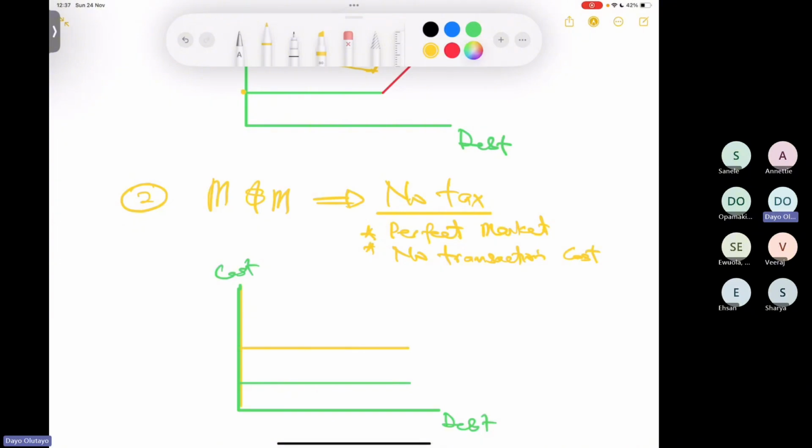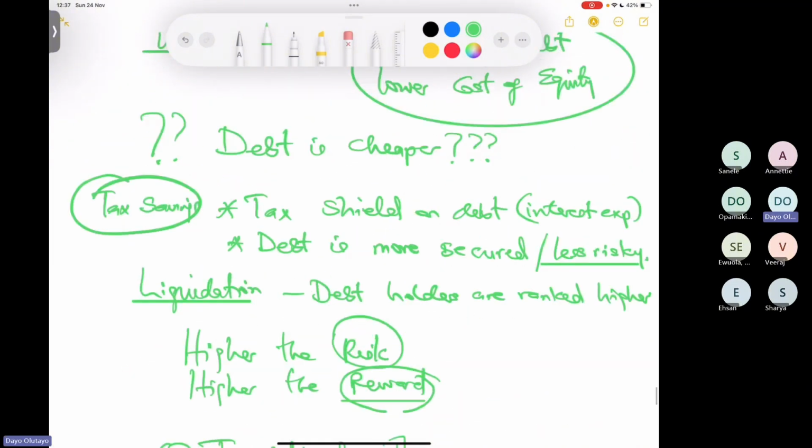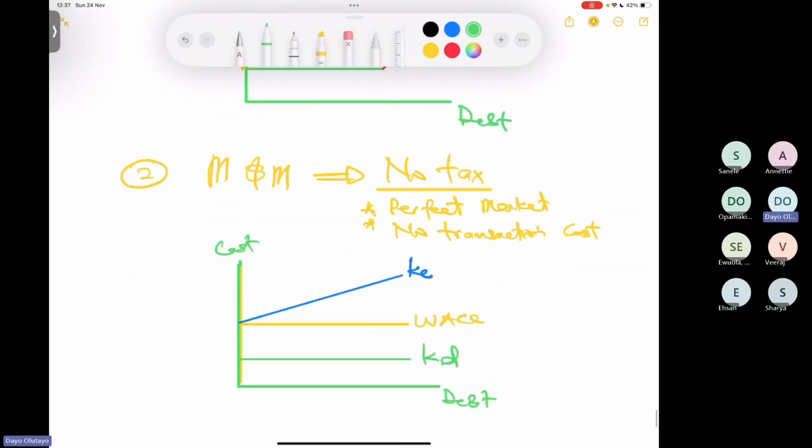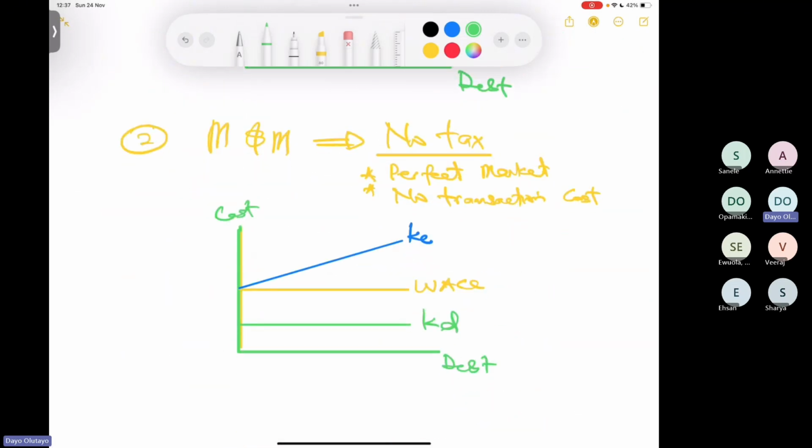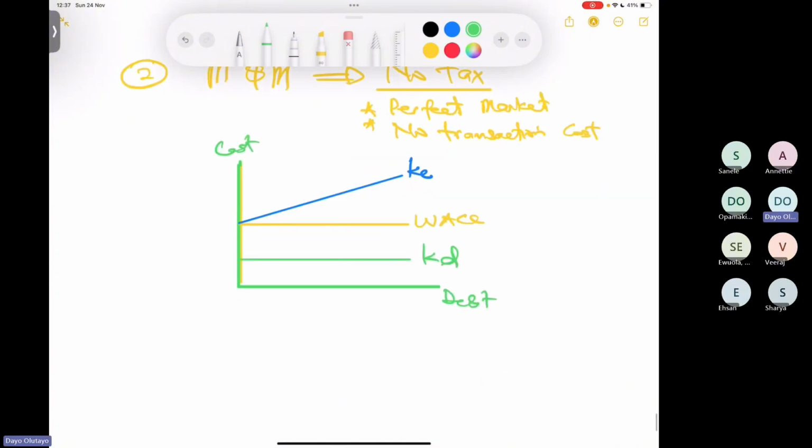The only thing they agree with is the fact that cost of equity will go up. So because they don't believe that there's a tax benefit, like we said here, that tax shield makes debt to be cheaper. They don't believe that. So they don't see any benefit of taking debt. That is their no tax theory.